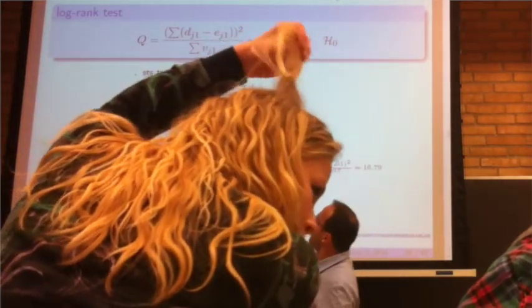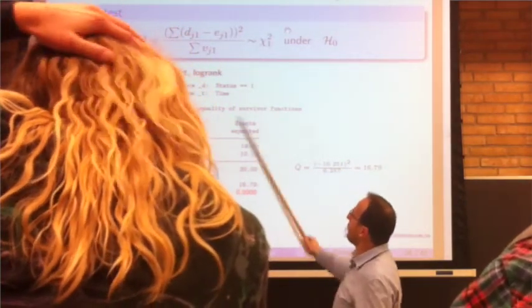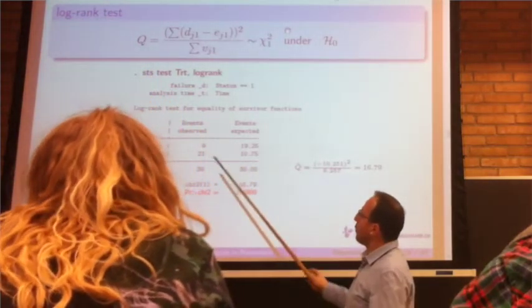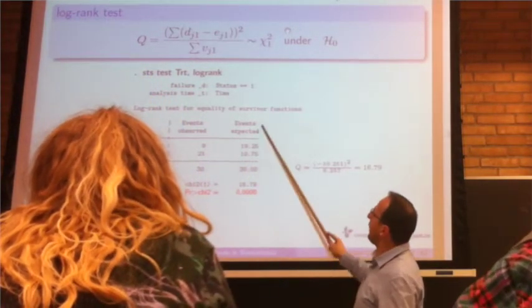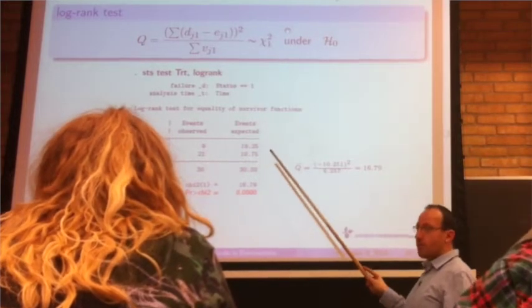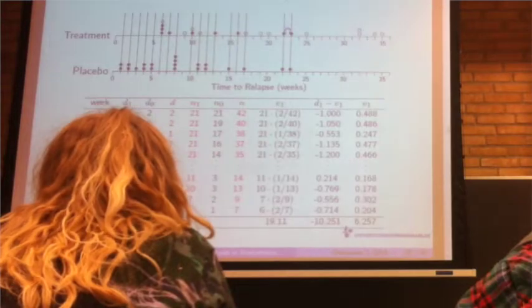To invoke Stata to get the log-rank test, use this command, and then you would get this output, where you have both groups, how many events were observed, and the number of expected events, which you can get from calculation by hand, using this approach.